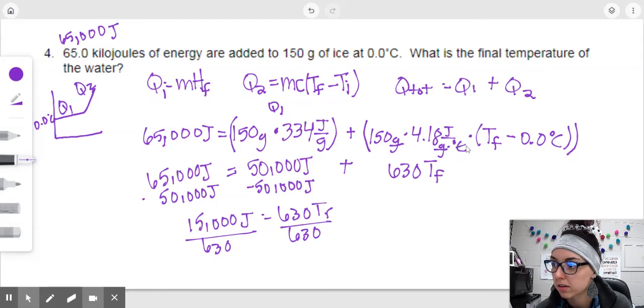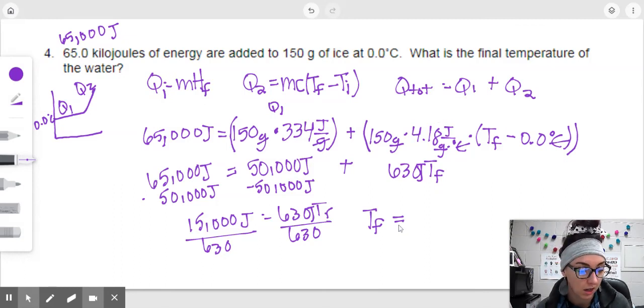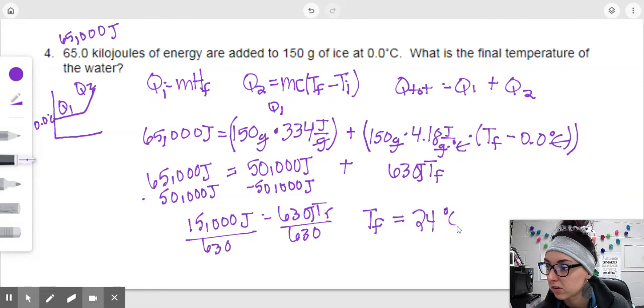Those grams cancel. Those degrees C cancel. So this is 630 joules. Just so we're clear on that. These grams cancel here too. So joules, joules, joules. Okay. So 15,000 divided by 630. Do that math. That's going to give us a final temperature of 24 degrees Celsius. 2 sig figs.